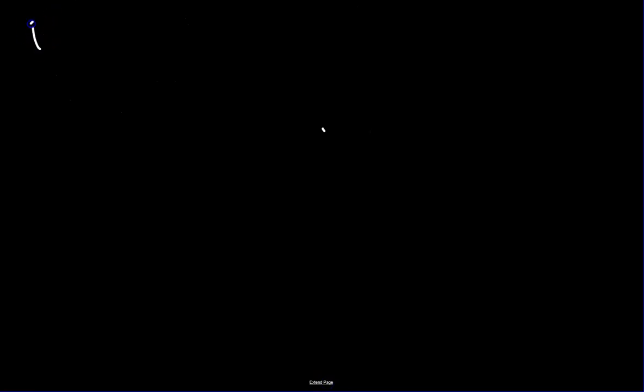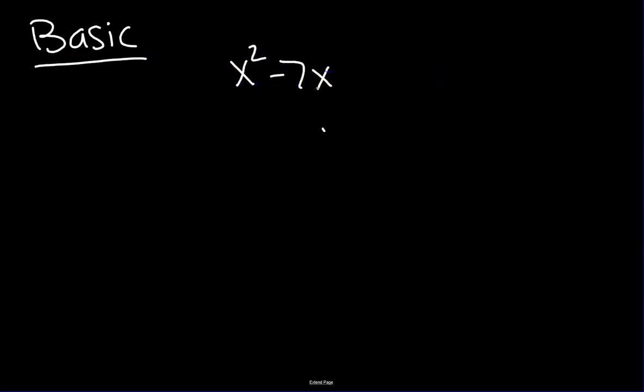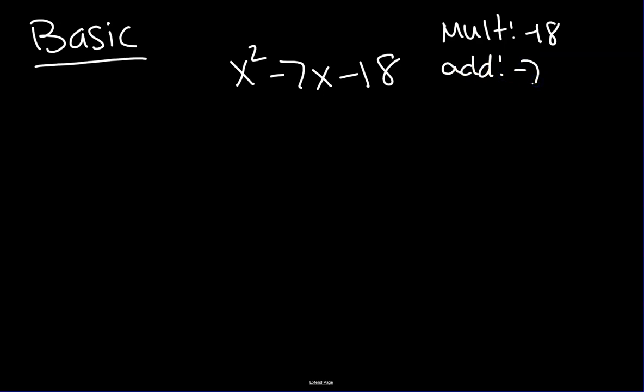Okay, so basic is first. The example I'm going to use is x squared minus 7x minus 18. So what we did is we thought to ourselves, okay, what multiplies to give me negative 18, but it can also add together to give me negative 7. What are those two numbers?